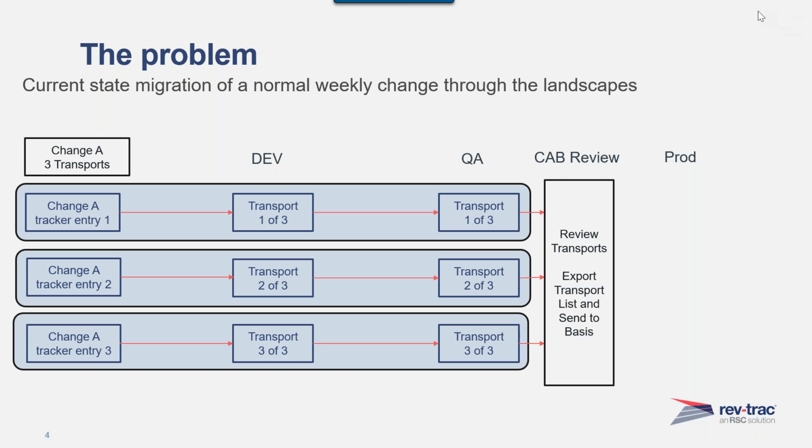For normal changes, it's a weekly meeting to review what's queued up to go into prod. It gives multiple groups the opportunity to review those and raise their hand if they see a problem or issue with it at that point. But it's the stopping point and the approval to say, okay, these are good to go into prod.